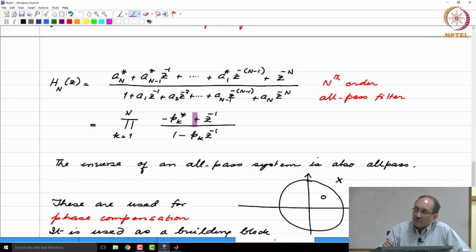You can realize them using just one set of coefficients, because the same set of coefficients will be used in the numerator as well. Therefore, when you quantize, you are not quantizing independently the numerator coefficients and the denominator coefficients. Therefore, this is where the quantization advantage comes about, when you realize these all pole filters as made up of all pass building blocks.